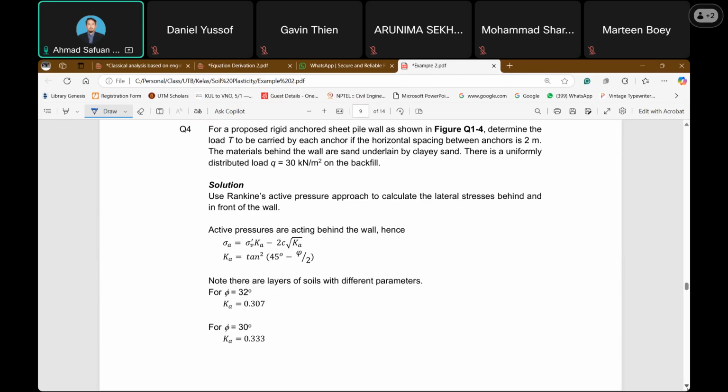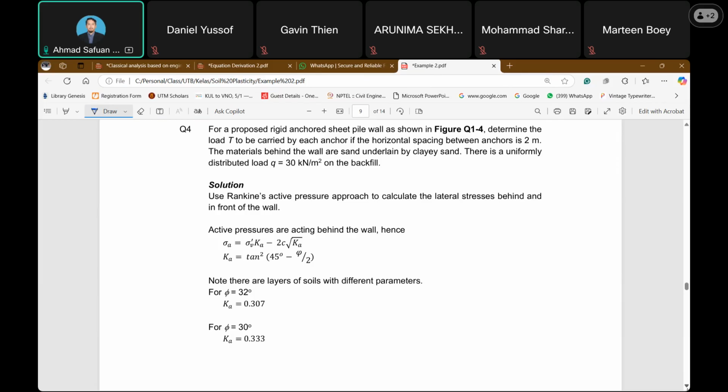Or if you have not memorized the equation, there is another equation that you can use, which is Ka equals (1 minus sin phi) over (1 plus sin phi).